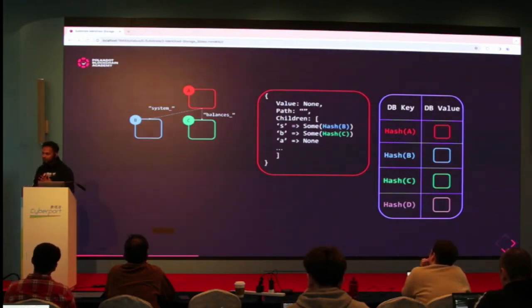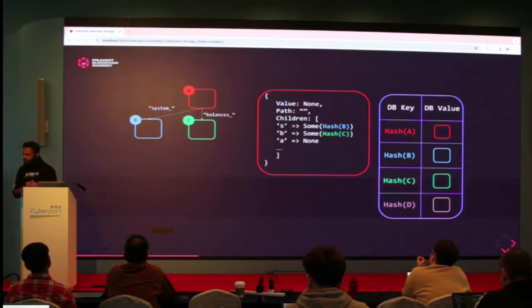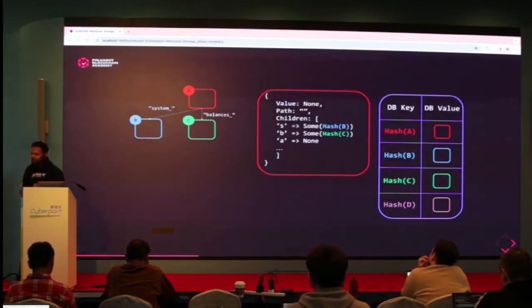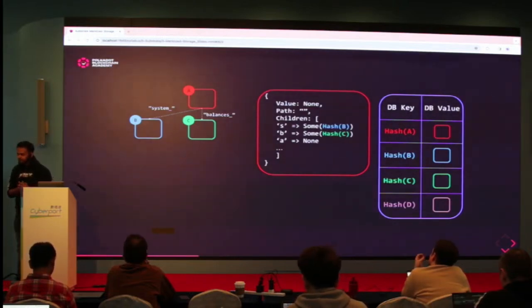But this is the red one. I see red. Yes, and that red is referring to A, referencing the root. The root is marked as capital A. This is the root, it has no path because it's the root, and then the children of it are as follows.